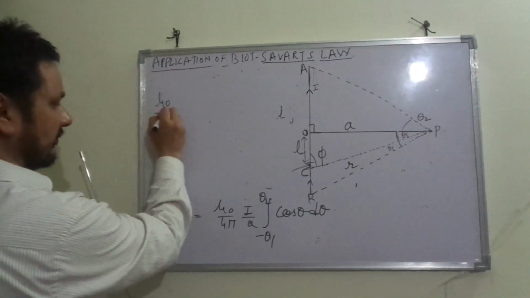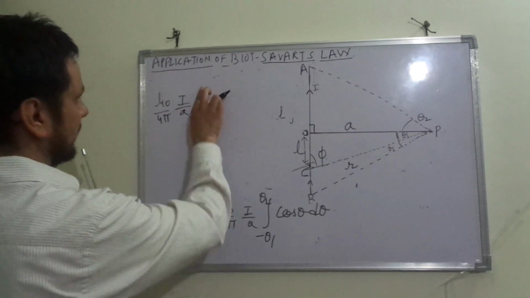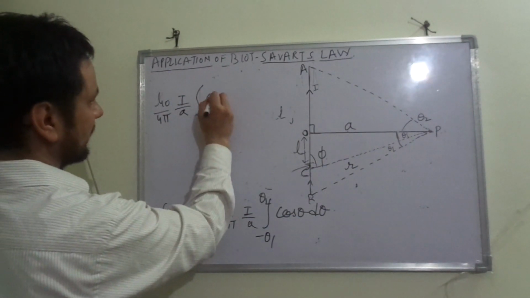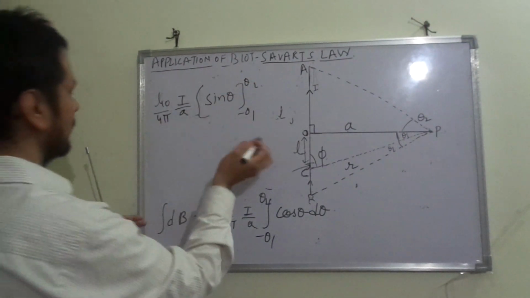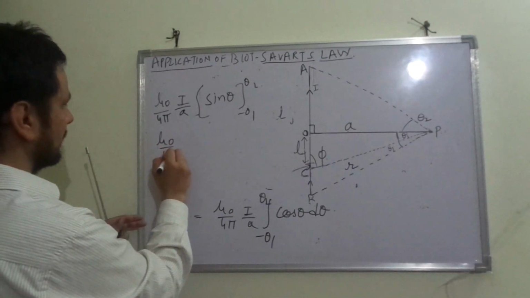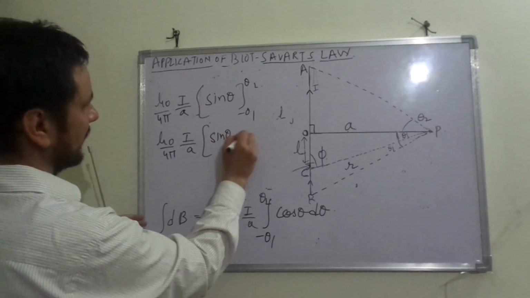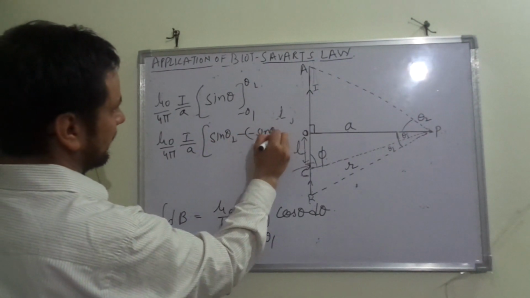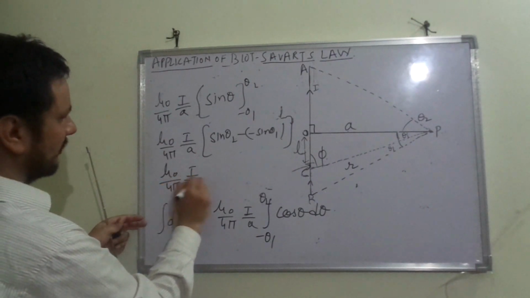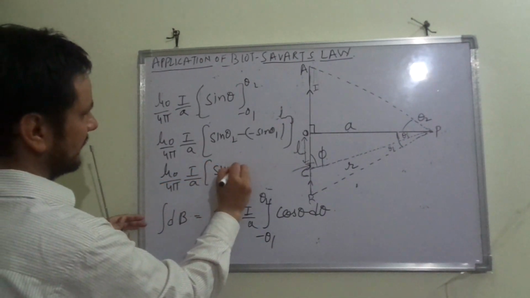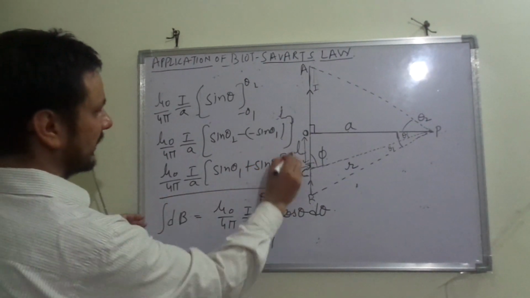Taking upper limit minus lower limit, that is sin theta 2 minus sin theta 1, which comes out to be mu naught upon 4 pi I upon A into sin theta 1 plus sin theta 2. This is your final expression for the magnetic field.